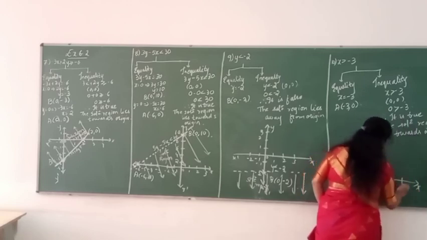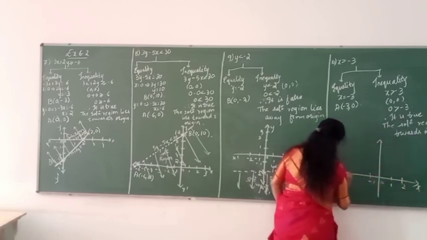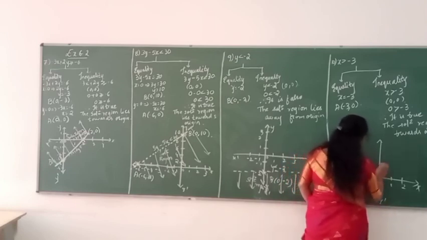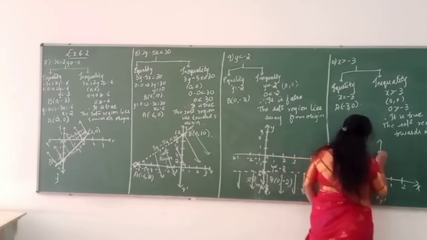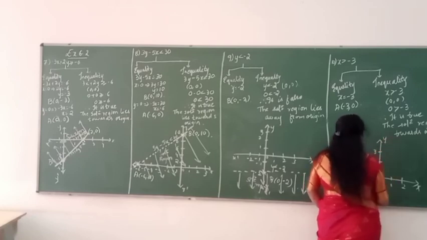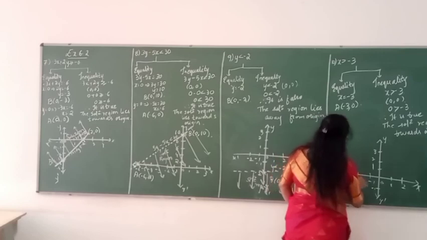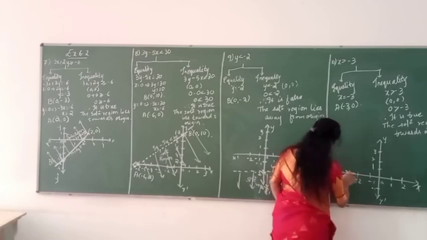Next, 0, 1, 2, minus 1, minus 2, minus 3, which is your x dash, and this is your y dash. Minus 1, 1, 2, and 3, and 5. So just consider on the x-axis, that is minus 3.